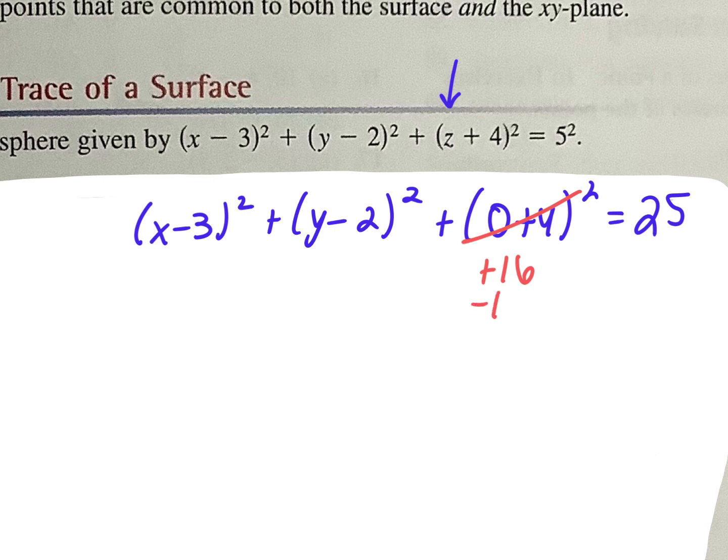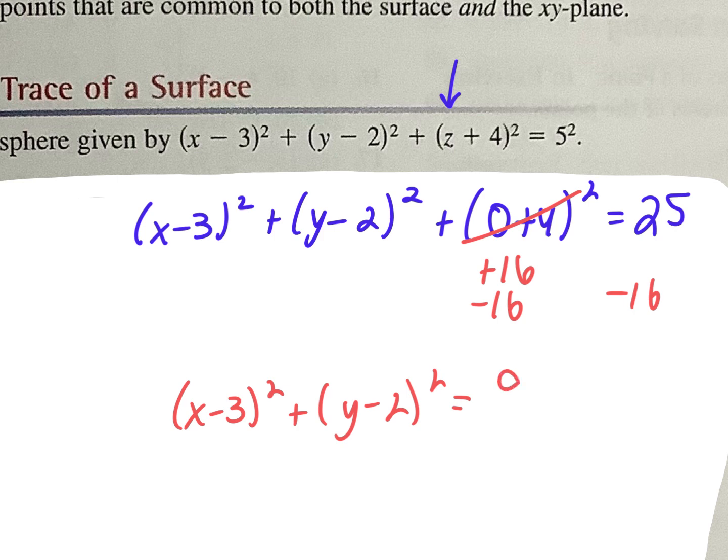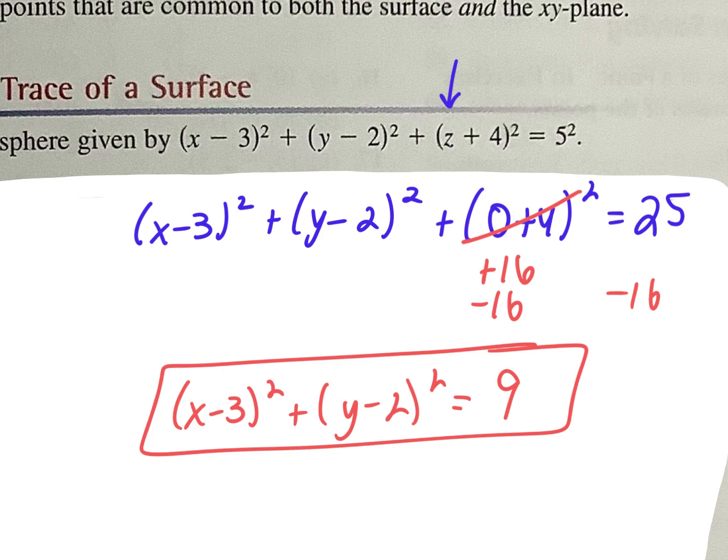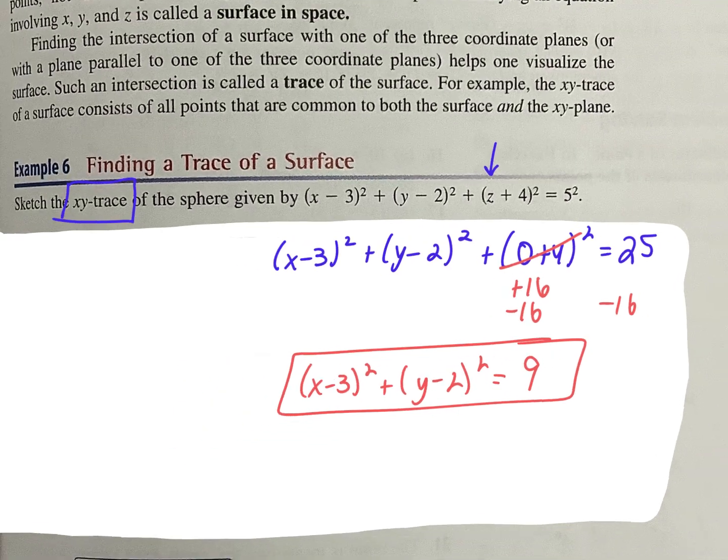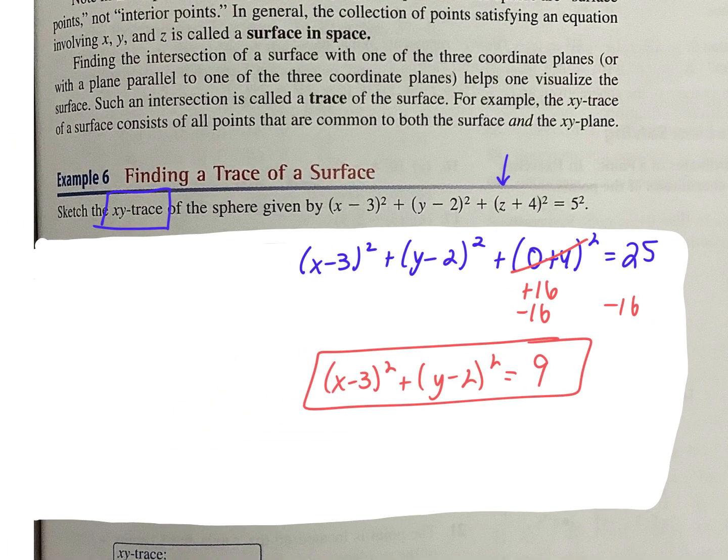I'm going to subtract from both sides. So it's X minus 3 squared plus Y minus 2 squared equals, what's 25 minus 16? There you go. That's it. Whenever they ask you for a specific trace, sketch the X, Y, the Z, whatever letter they do not mention, you just plug in 0 for in the equation and then solve it. That's it.